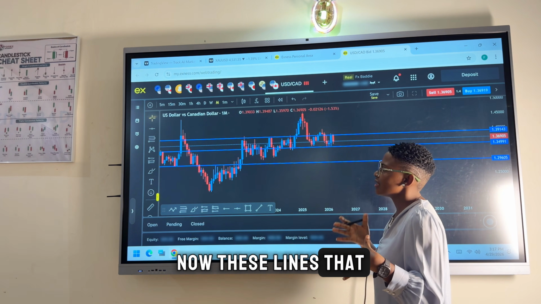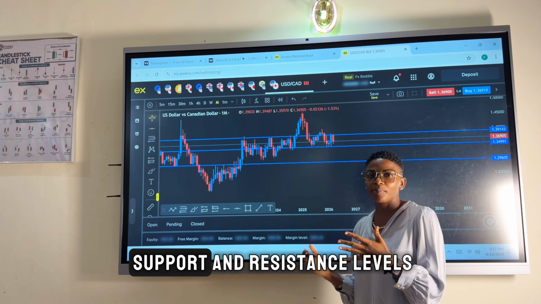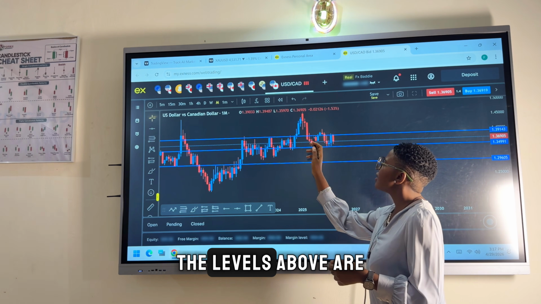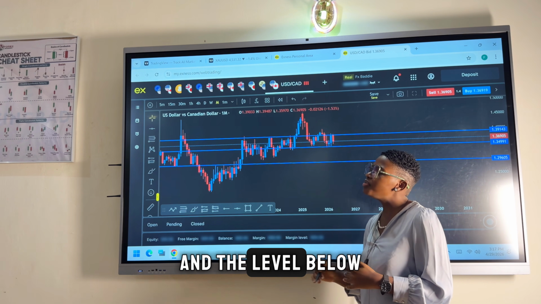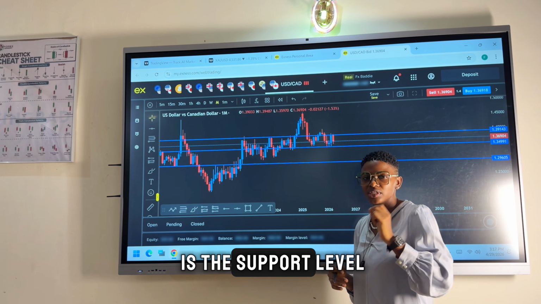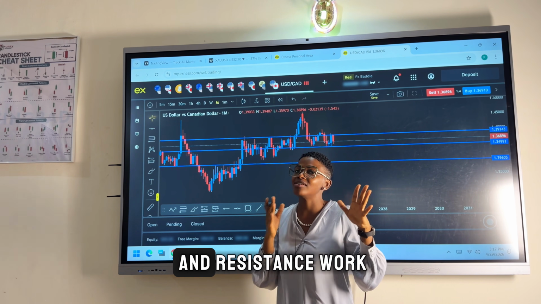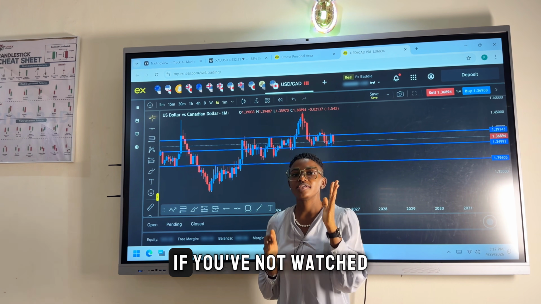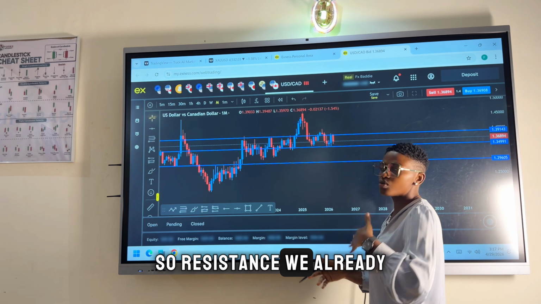Now these lines that I have drawn, these key levels, they are automatically our support and resistance levels. The levels above are the resistance level, and the level below is the support level. I did a detailed video explaining how support and resistance work. If you've not watched it, do well to watch it. Great. So resistance, we already know.